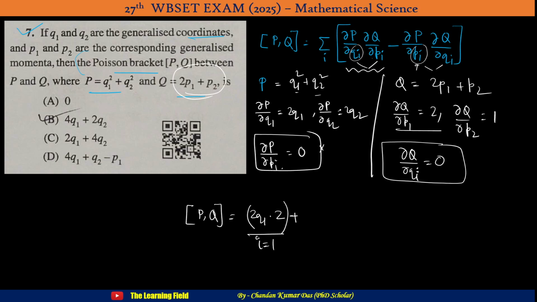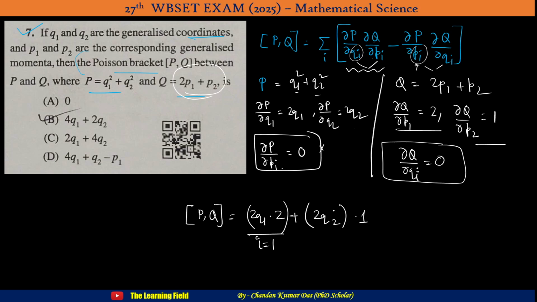Then plus, for i equal to 2, del P del Q2 means 2Q2, fine, into del Q del P2, which means 1.